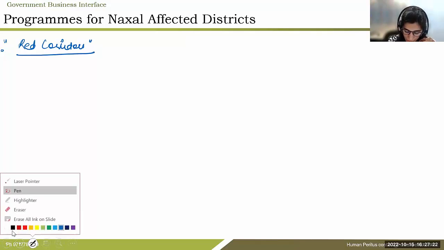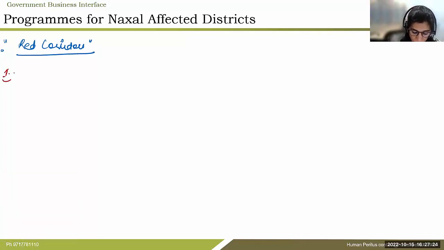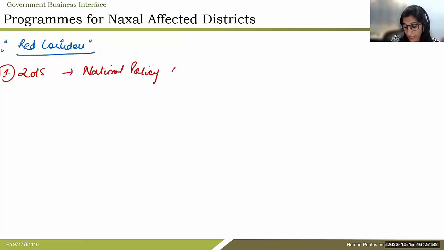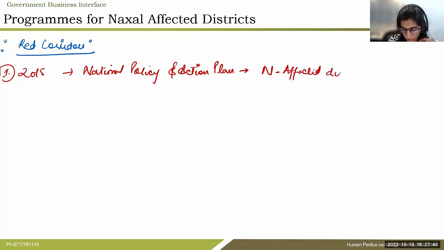So considering this, number one was in 2015, there was this national policy and action plan specifically for these Naxalite regions only, Naxal affected districts.